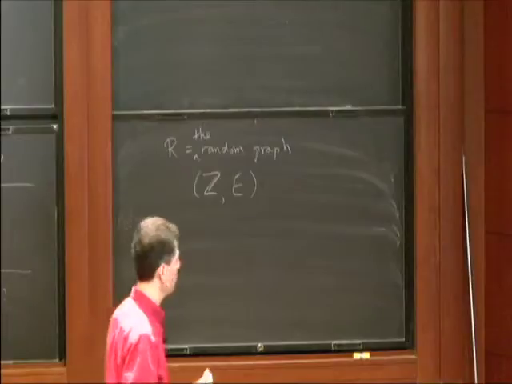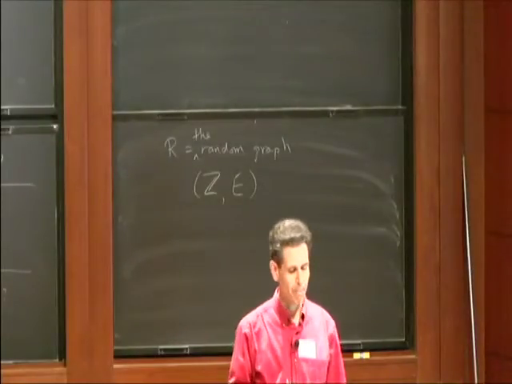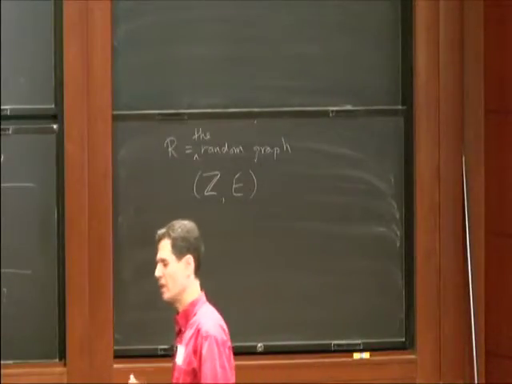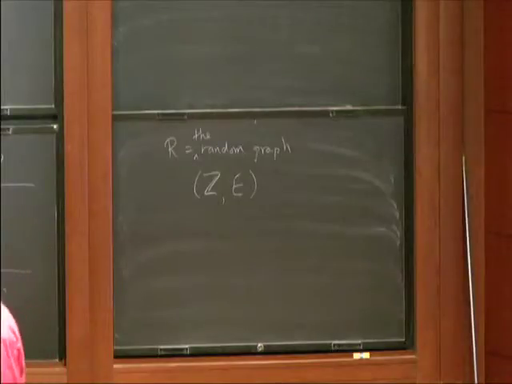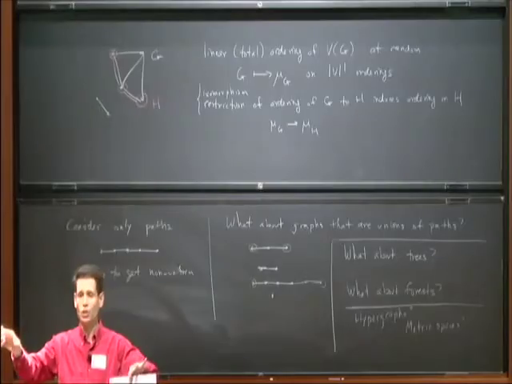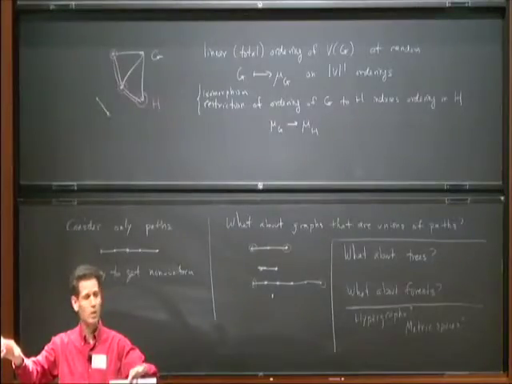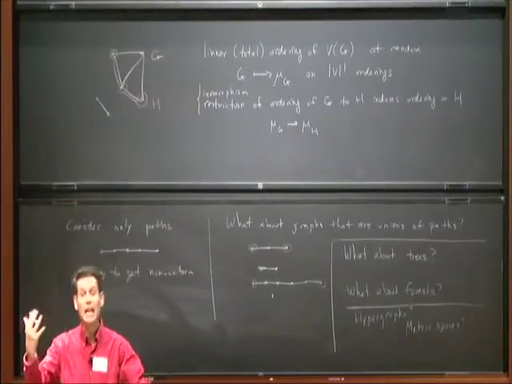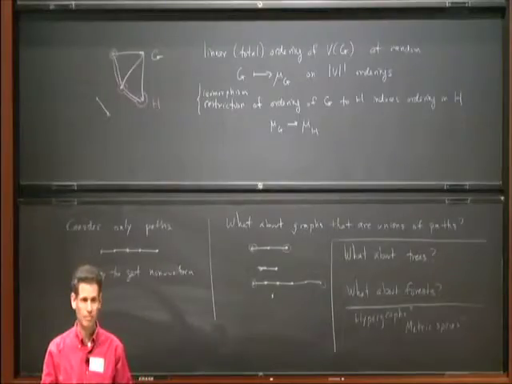You can characterize this random graph R pretty easily in the following way. It contains, as an induced subgraph, every finite graph. And it's ultra-homogeneous, which means if I have an isomorphism between induced parts of the graph, then it extends to an automorphism of the whole graph.